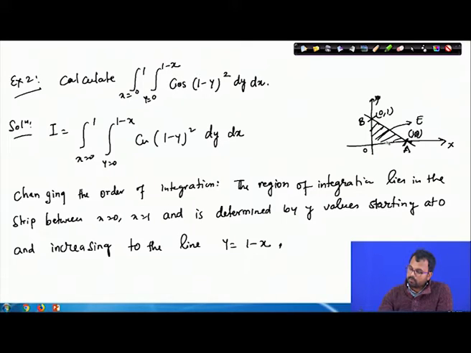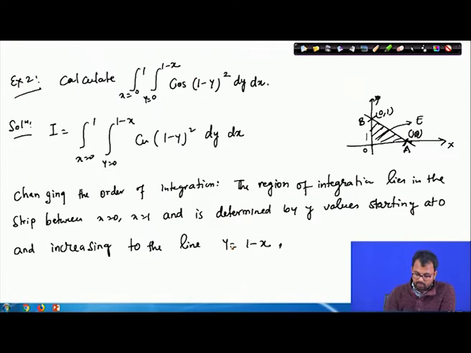Now if instead of integrating with respect to y, we integrate with respect to x first, then in the same region our x will vary from 0 to 1 minus y, and y will vary from again 0 to 1. So it's not really changing the limits here.